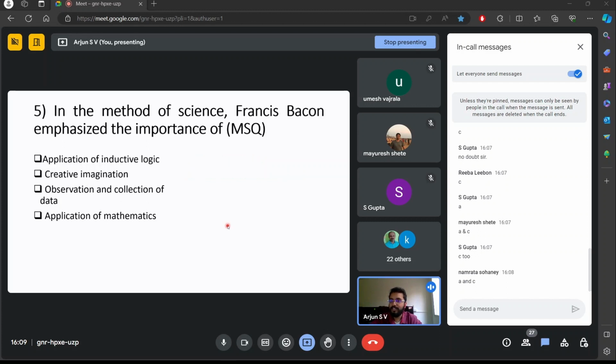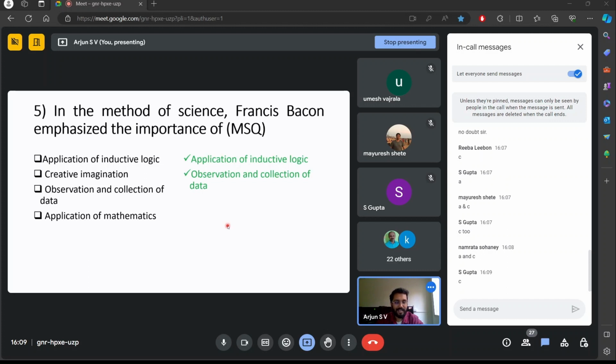In the method of science, Francis Bacon emphasized the importance of. We already saw in the last question what Francis Bacon did. So whatever was not there in that question should be this answer. Factually, Francis Bacon focused on application of inductive logic and observation and correction of data.